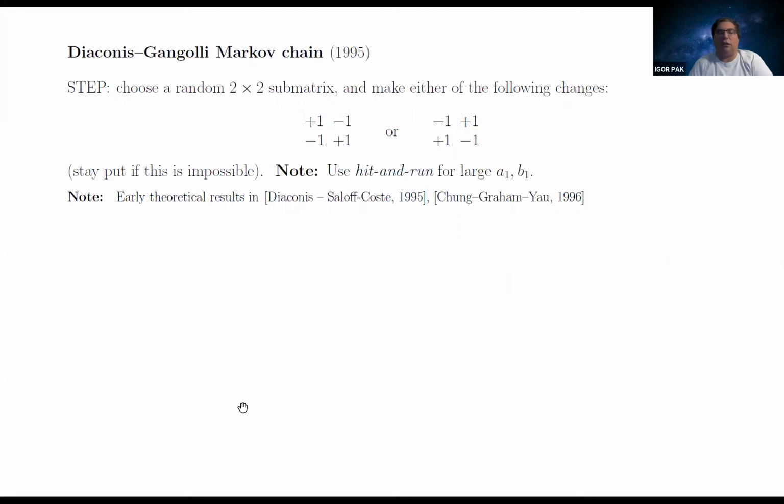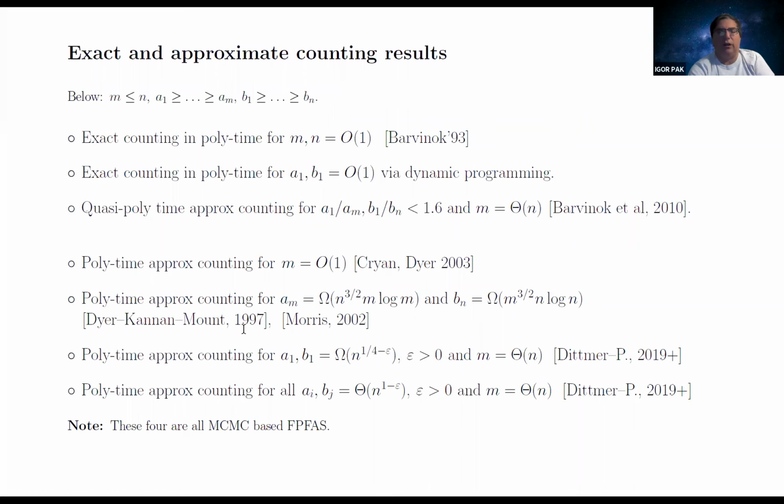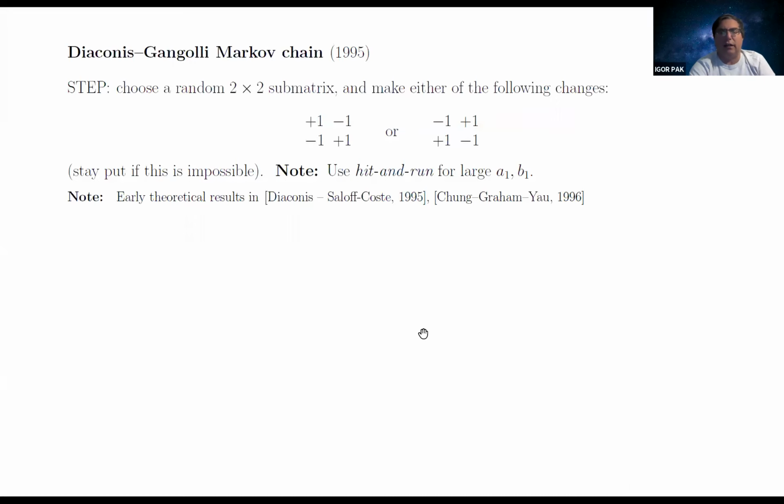This is more or less what Diaconis and Sturmfels used when they constructed that graph. And in theoretical results, this is also more or less what Dyer, Kannan and Mount used, in terms of polytope terminology, and in reality, it does seem to converge in polynomial time.